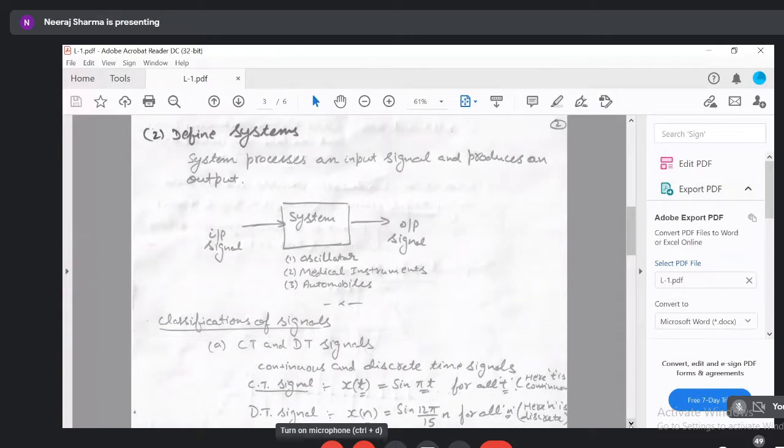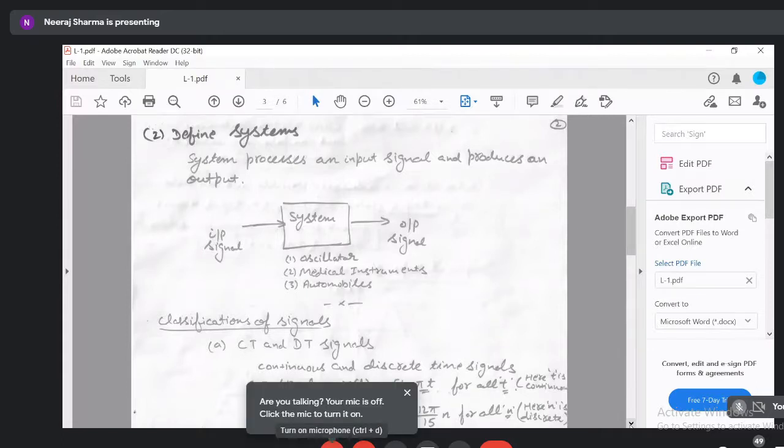So the input in a system is generally a raw or physical input signal, and the system carries out certain processes so that the input becomes a desirable output, which can be used by the human being or by the subsequent stages of different systems also, right?